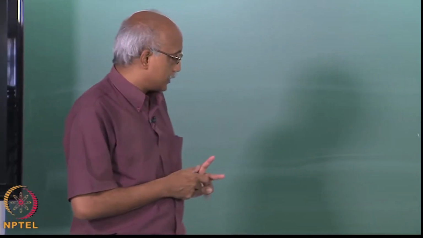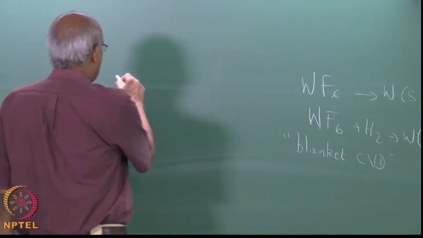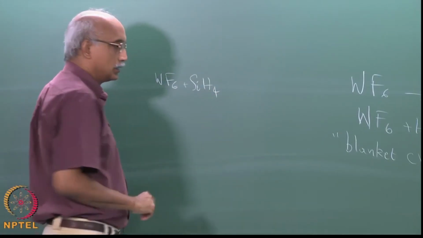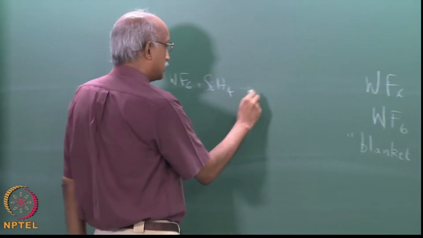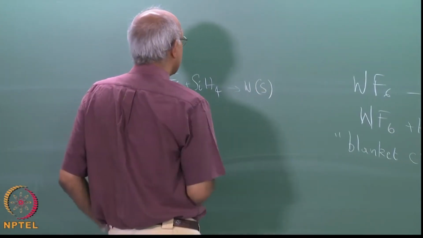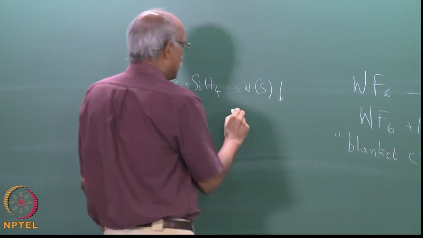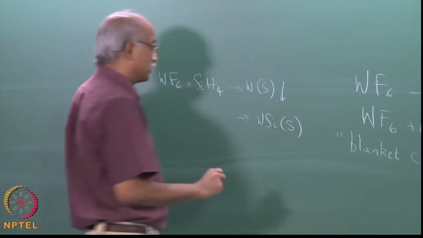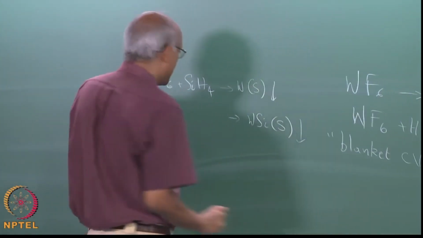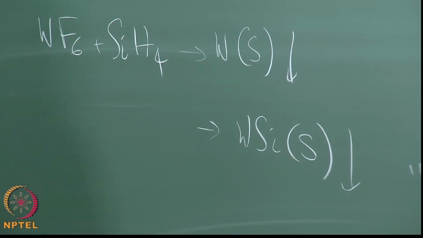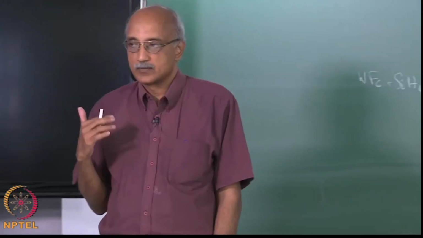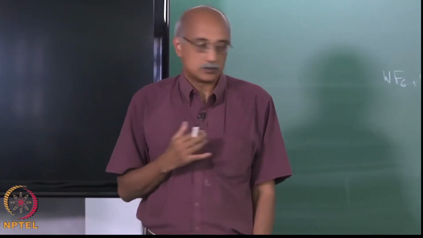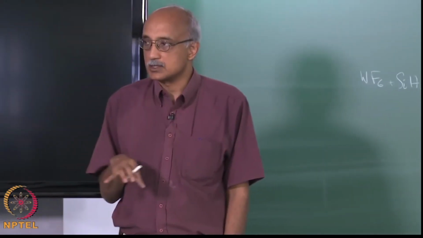So, the alternative to this is to actually use SiH4, silane, along with WF6 to get again tungsten solid. The advantage of this technique is that depending on whether the reactant mixture is tungsten rich or silane rich, you can actually get either tungsten or tungsten silicide depositing on the substrate.